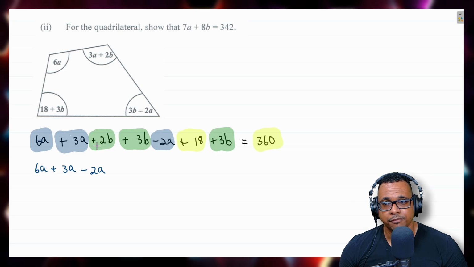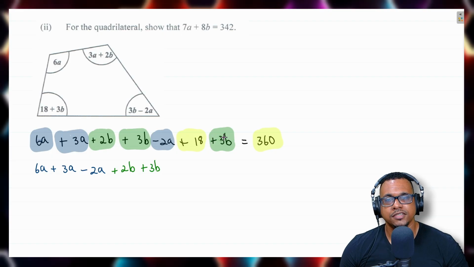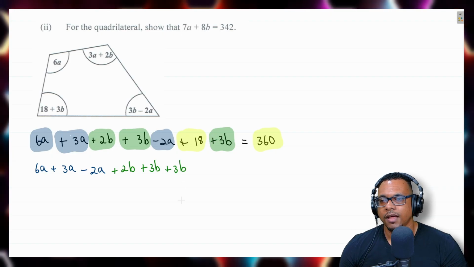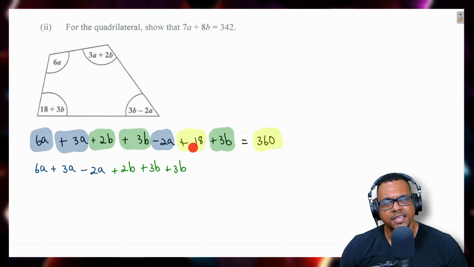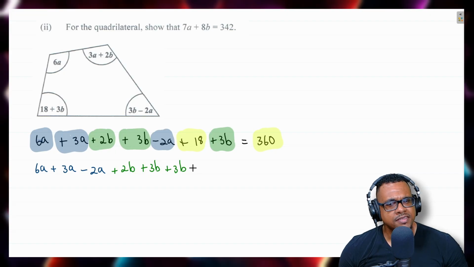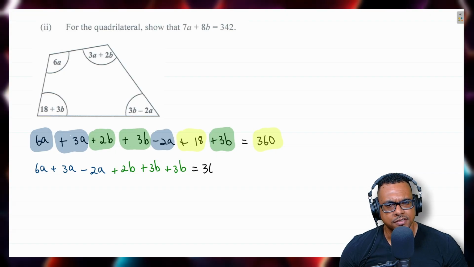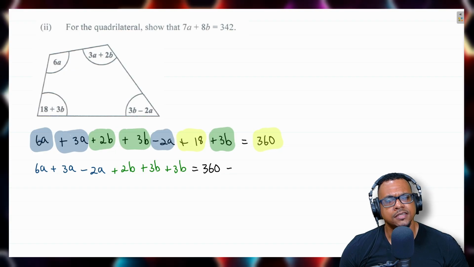Then for the B's, we have positive 2B plus 3B plus this 3B here. And then all that remains now is the constants. So I'll put this equal to 360 and transfer the positive 18 across the equal sign, and it turns to negative 18.